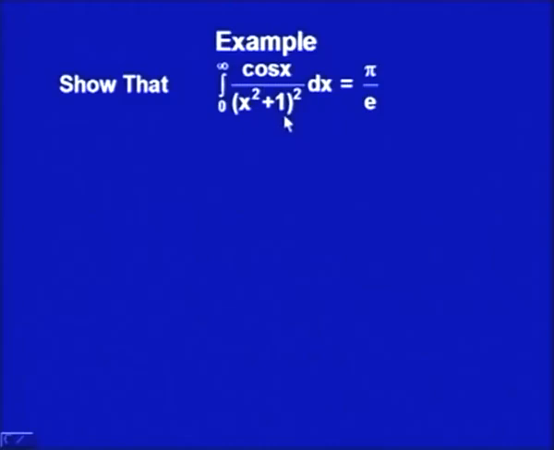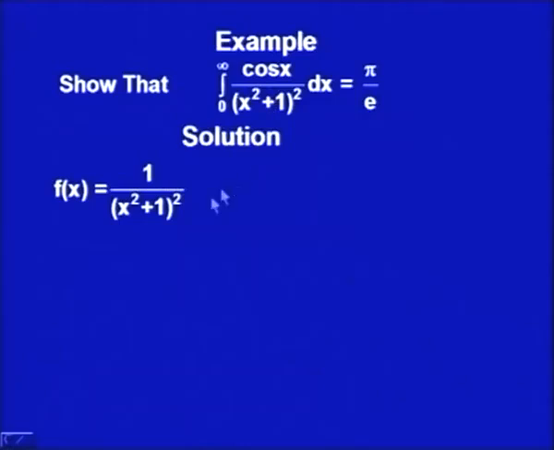So we have to check the conditions for f(x). If it is satisfying all those conditions, we can move to the method we just learned. So let us see what my f(x) is. My f(x) is 1 upon (x square plus 1) whole square. Of course, we can say this is a rational function of the form p(x) upon q(x), where p(x) is a constant, so it is a polynomial of degree 0.